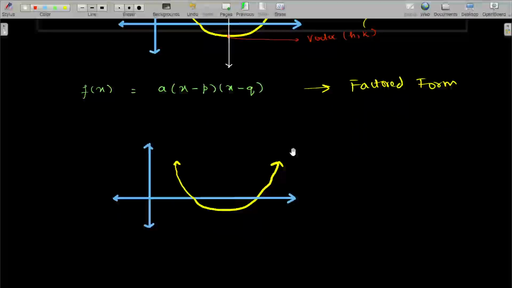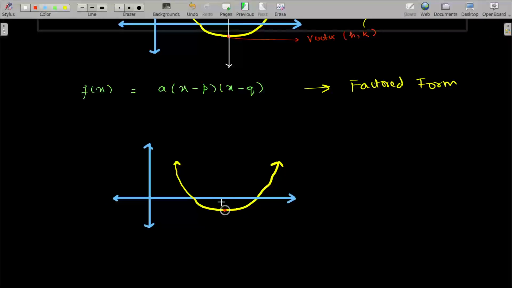Now for the factored form, if the equation is given in factored form, then how can we find out the vertex and the minimum value? See, one way is you can always multiply these two factors and get the standard form, but that will be one extra step that you have to do.